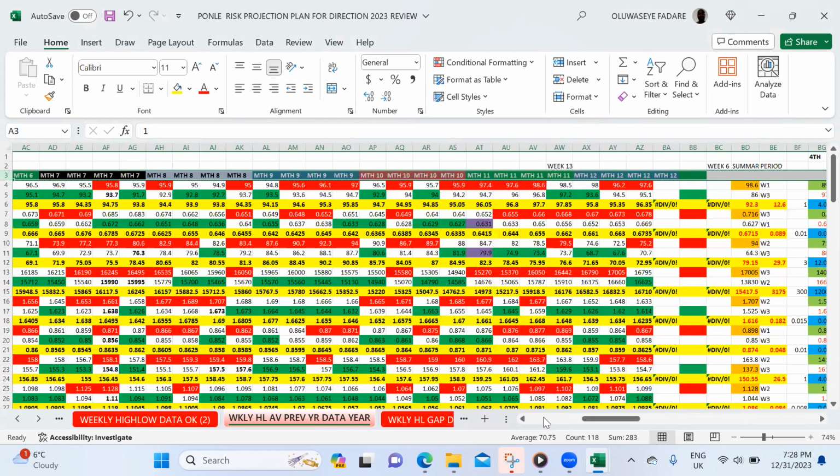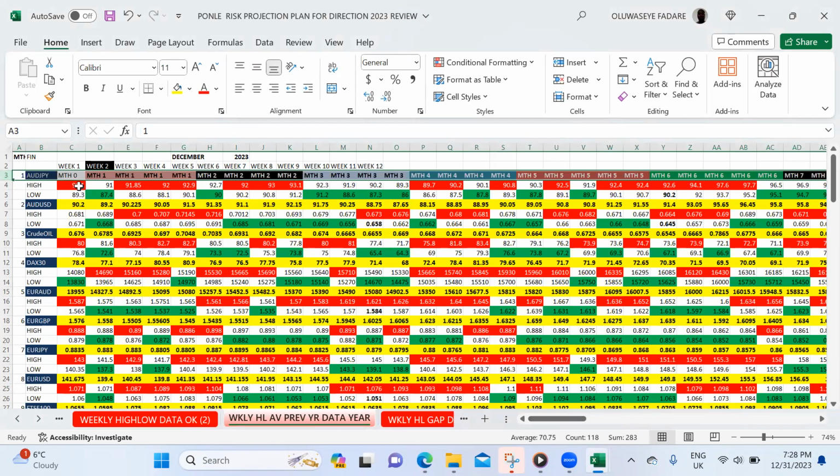Here we have the weekly report from my data. We have the daily data and weekly data: weekly high and low prices and the trend of the market based on a theory that I've developed. Every day, every week, every figure should have a color, either red or green.